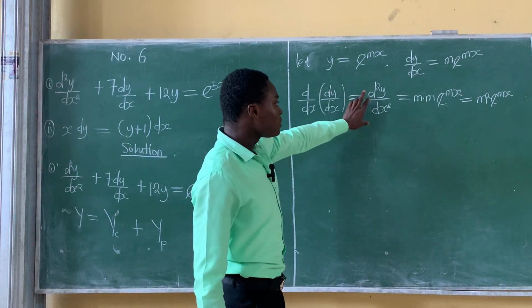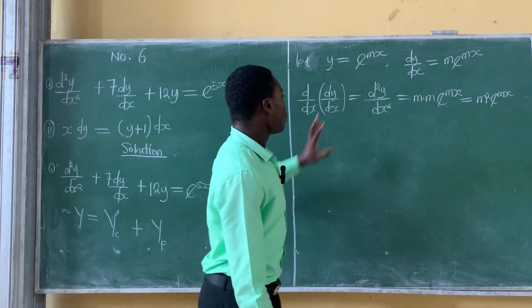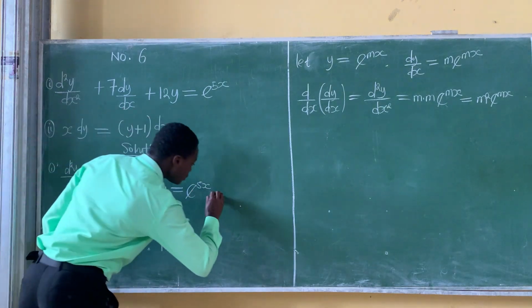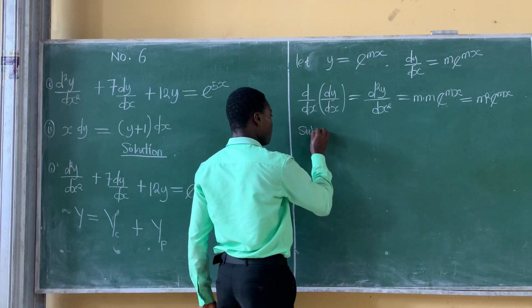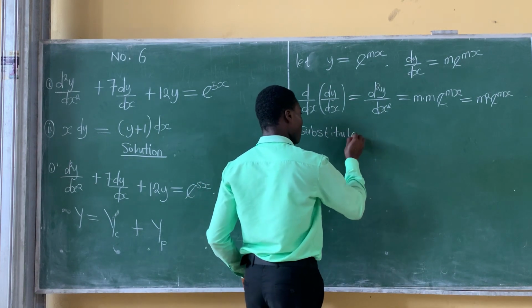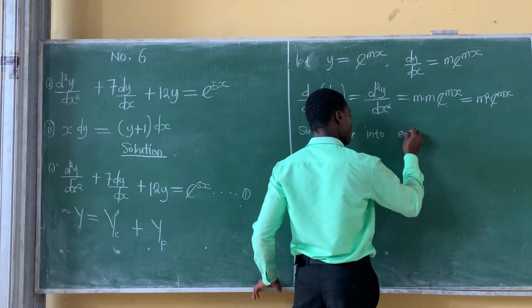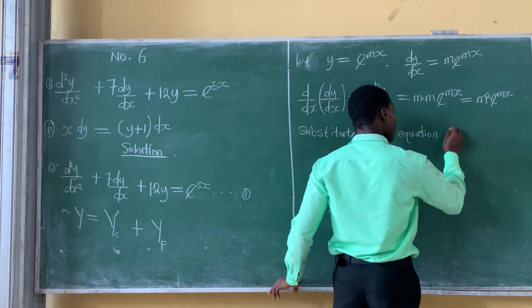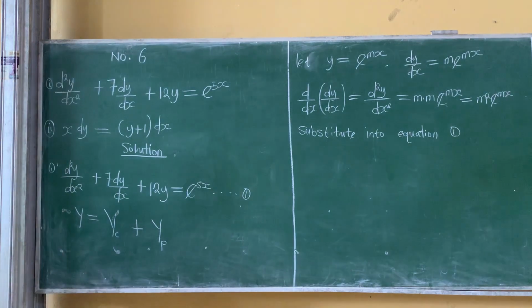Since we have obtained the values for d²y/dx², dy/dx, and y, we can substitute them back into the given differential equation. Let's call this equation 1. So we substitute into equation 1.